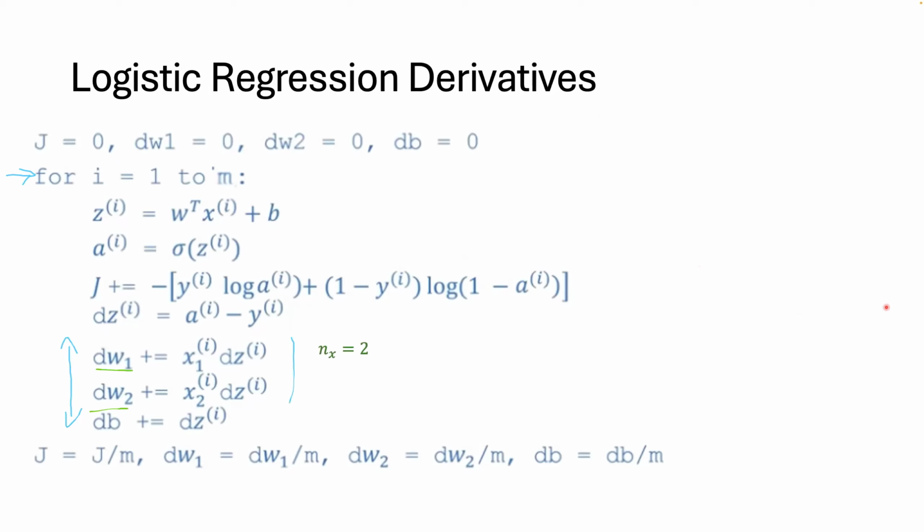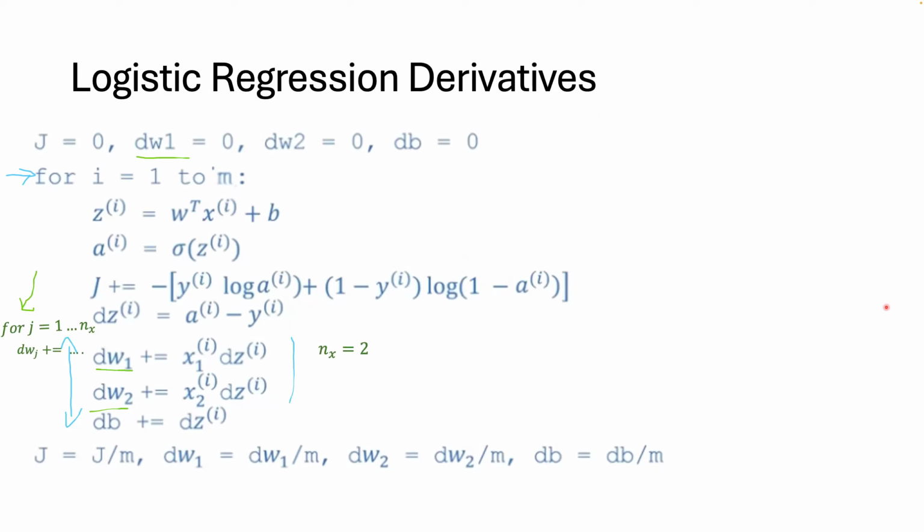So it is as if there's actually a for j equals 1 to nx, the number of features, and dwj gets updated to xj times dz. We would like to eliminate this second for loop.